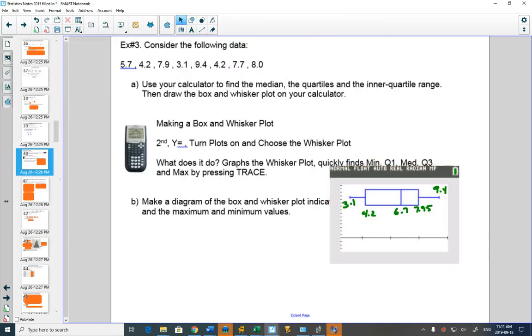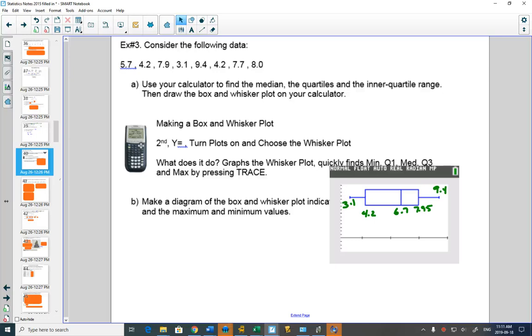So now when we're drawing this, we don't draw anything on our calculator, but when we draw it on our paper, we can label each of those points underneath so that we can show the scale that we're using. Obviously, from 4.2 to 6.7 is longer than 6.7 to 7.9.